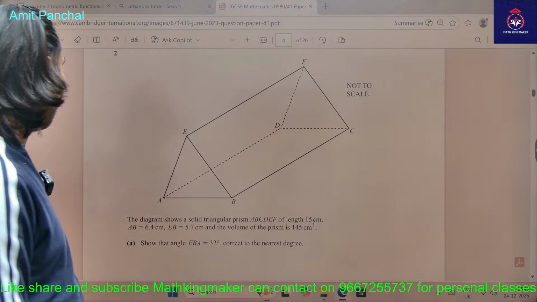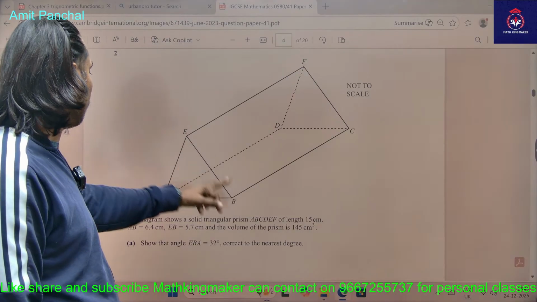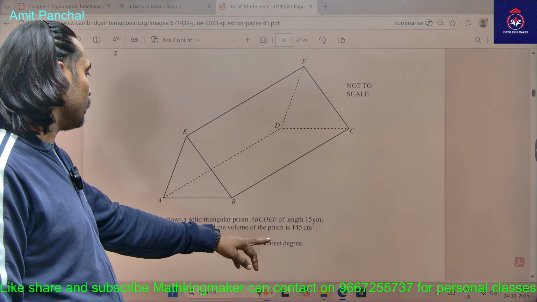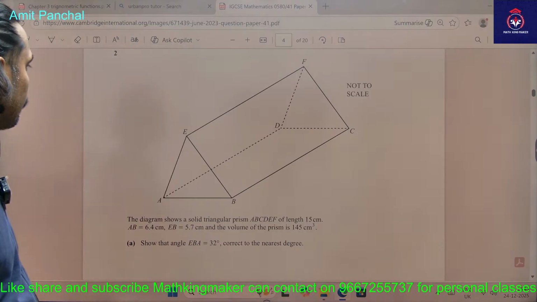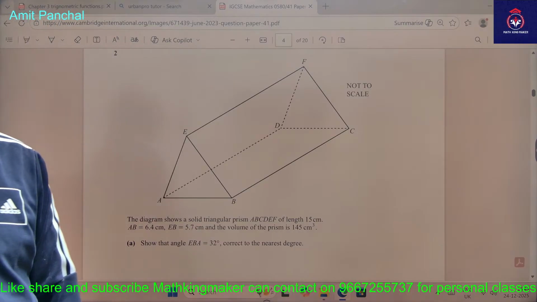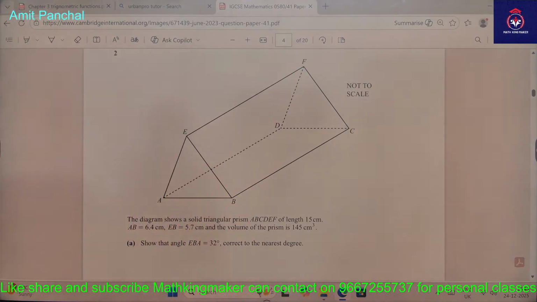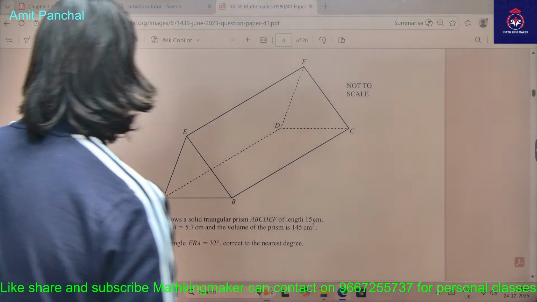Now show that angle EBA is 32 degrees correct to the nearest degree. To find the angle, I took the area of the triangle, which is 9.6. Since we were already given the length of two sides, I decided to use the formula half ab sine C for the area, with C being the angle EBA, which is 32 degrees.